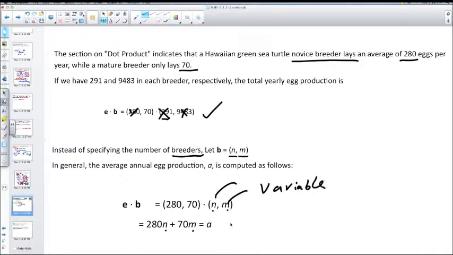So what? It's still a dot product. 280 times M, that's the eggs laid by the novice breeders. And 70 times N, that's the total number laid by the mature breeders. Let's assume the total number. Let me do an estimate.